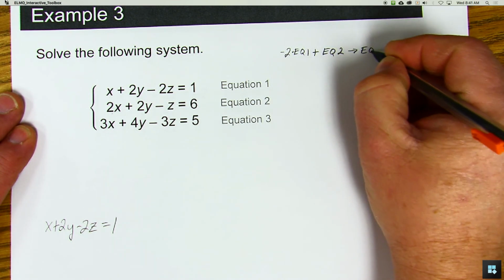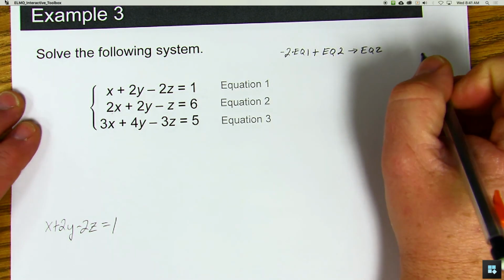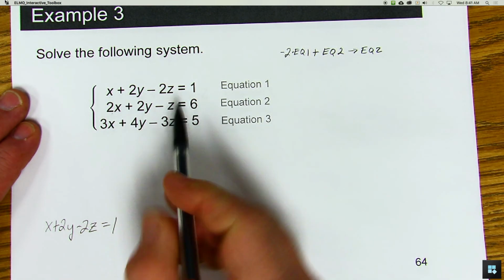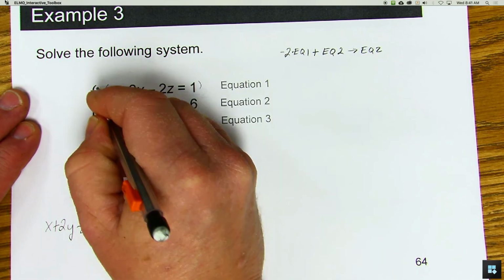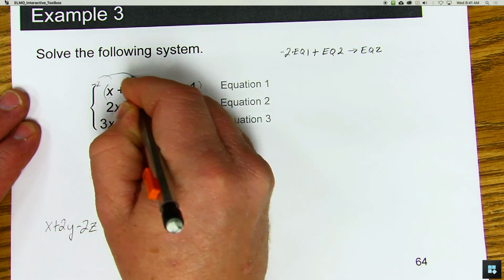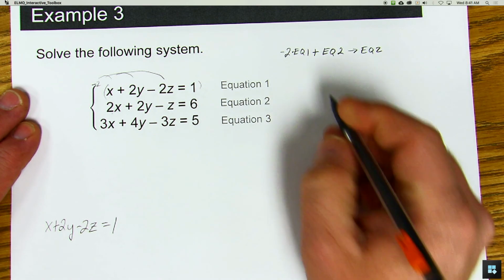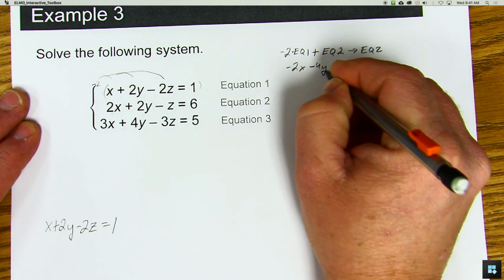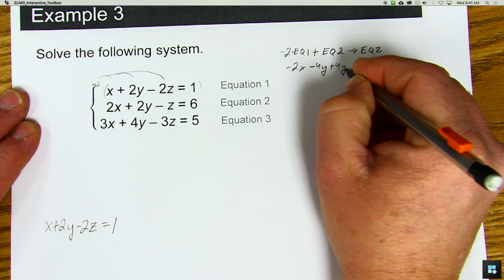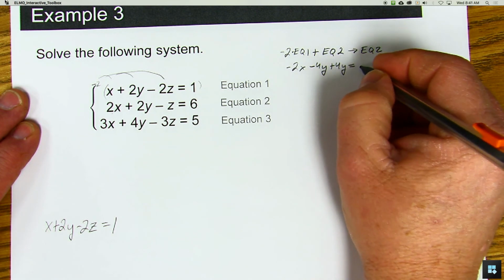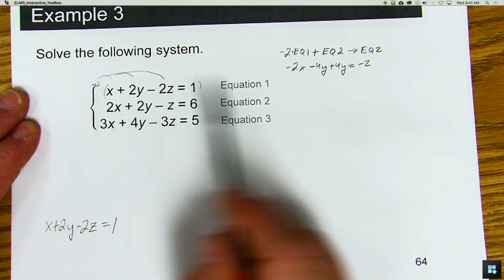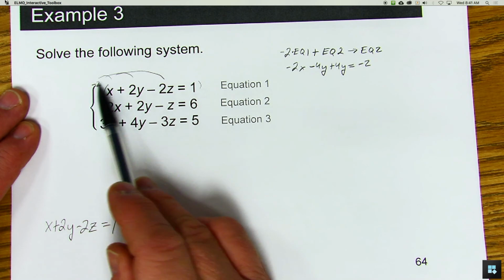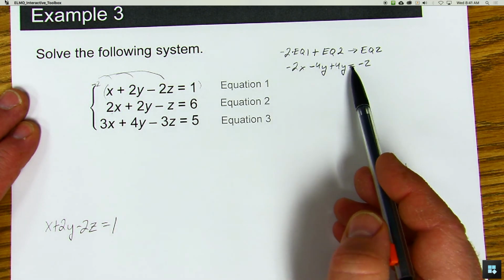So I'm going to take -2 times this first one. I'll put parentheses here, put a -2, and distribute in. That gives us -2x, -4y, and -2 times -2z is plus 4z.